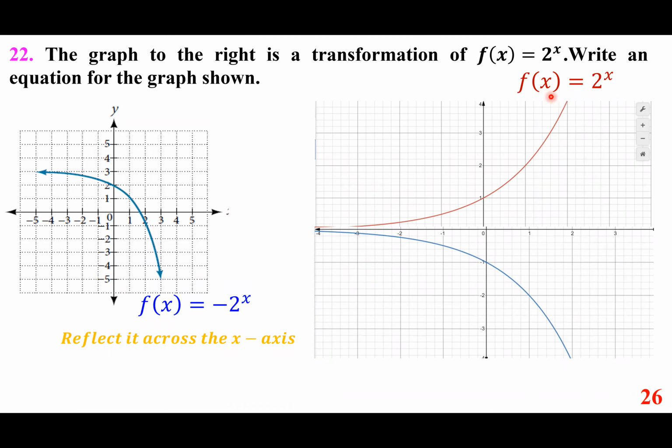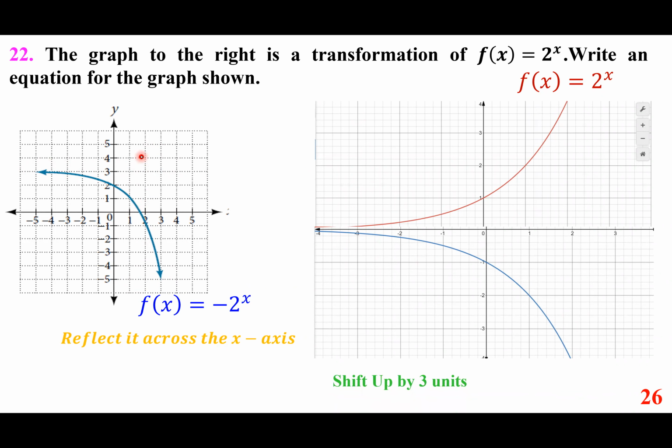So this is y or f of x equals 2 to the power of x. This one is minus 2 to the power of x, because we notice it looks like that. And then we notice that it looks like that and it's been shifted up. If we were to graph this, there seems to be a horizontal asymptote here that has been shifted up by 1, 2, 3.